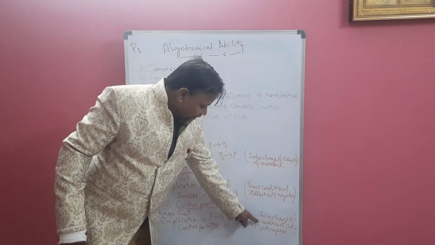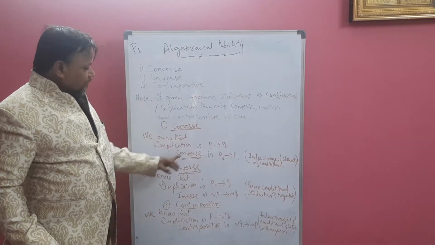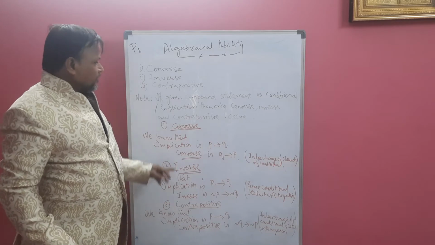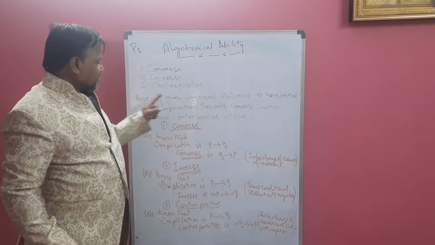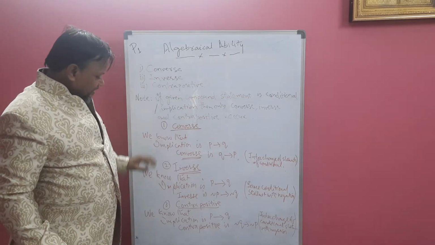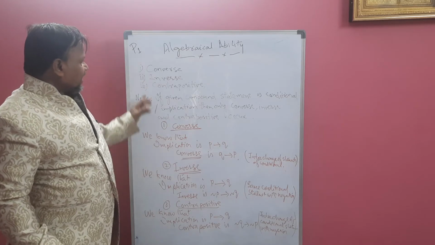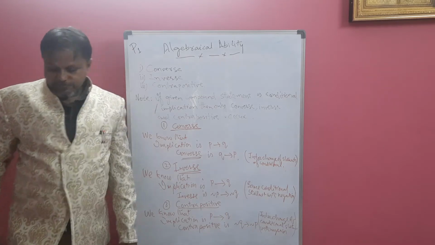So we will get the converse, inverse, contrapositive of a conditional statement. Now we are going to find the table of this and we will take the examples also.